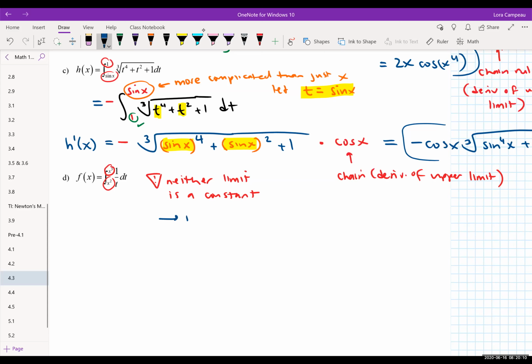So this is where we use properties of integrals to take that coveted scenic route. And what that means for me is to introduce that constant.